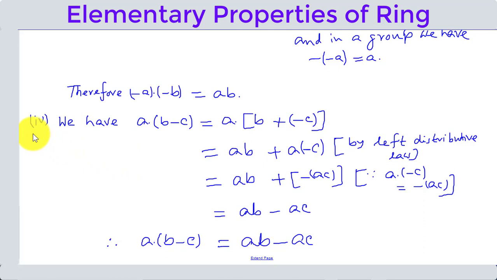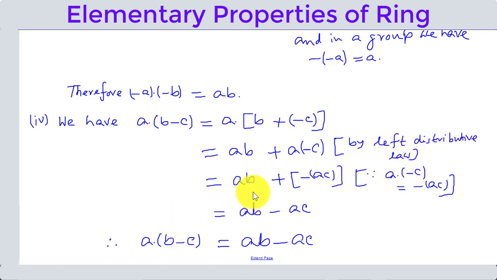Now question number 4, or part 4. We have a·(b - c) = a·(b + (-c)). This is equal to a·b + a·(-c) by the left distributive law.